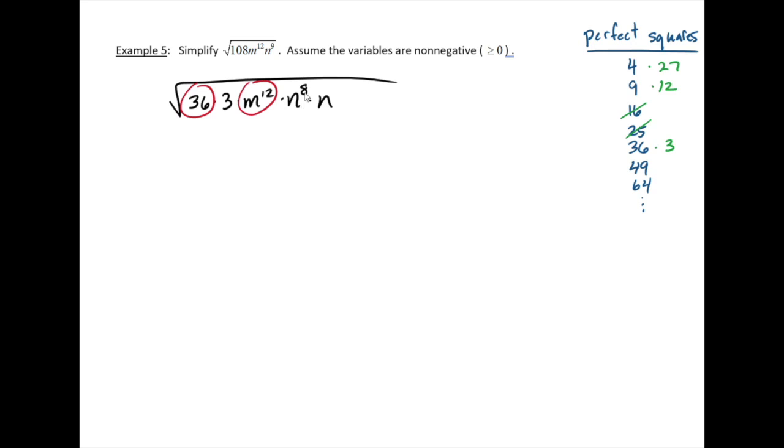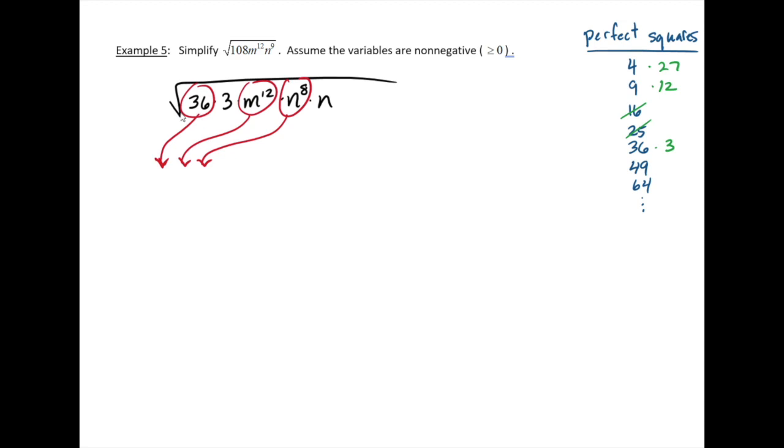That gives us n to the 8th power times n to the 1 power. Remember, 8 plus 1 gives us the original exponent of 9. And n to the 8th power is a perfect square. So we'll take the square root of each of these perfect squares, and those will come outside of the square root, and we will have a factor of 3 and a factor of n left on the inside.